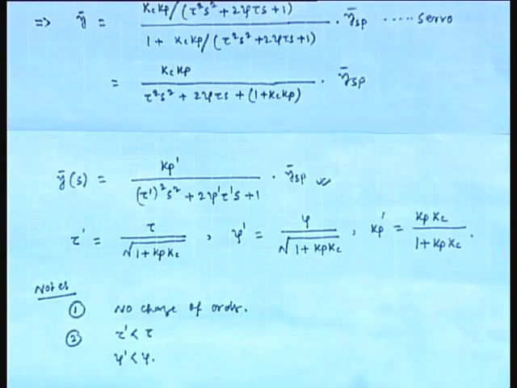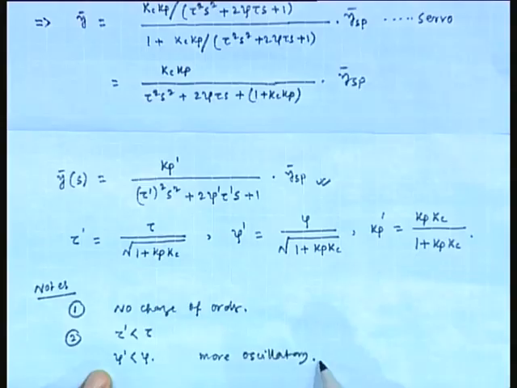It means the overall response under P only control becomes more oscillatory, because the damping factor is decreased.